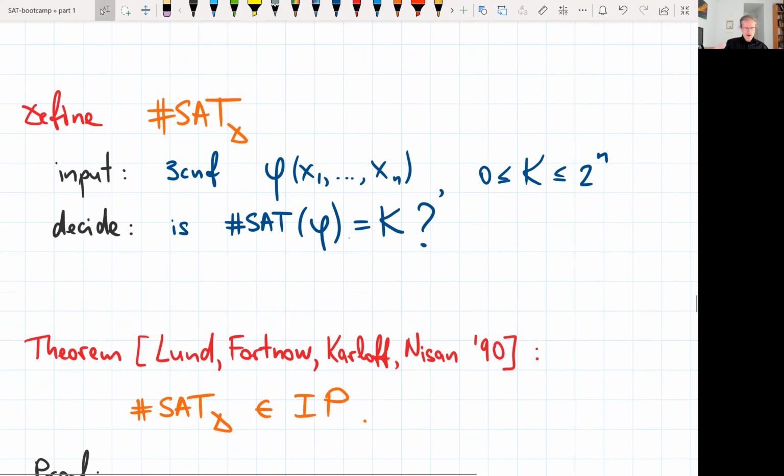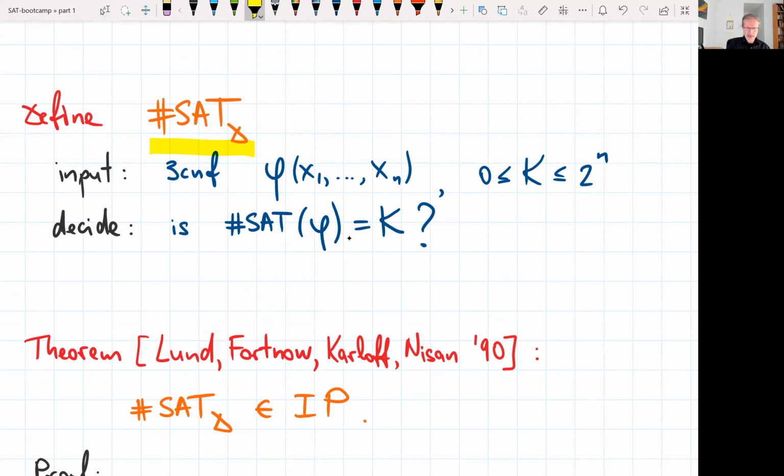So what I want to do next is give you an algorithm, or an IP protocol, for solving #SAT. One small difficulty is that #SAT is not a language, it's not a decision problem, but it's very easy to fix using standard tricks. So let's define the decision version of #SAT, denoted #SAT_D, as follows.